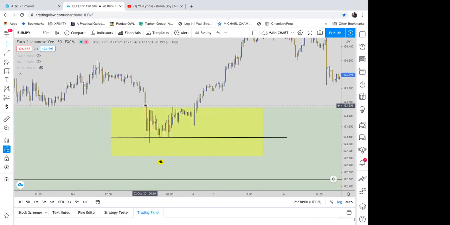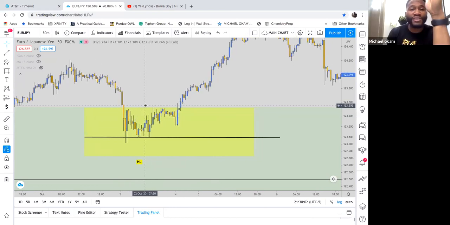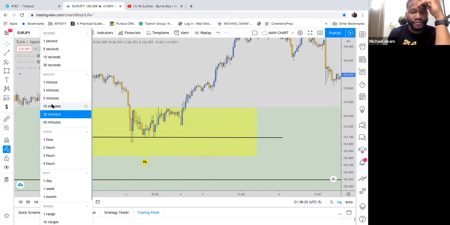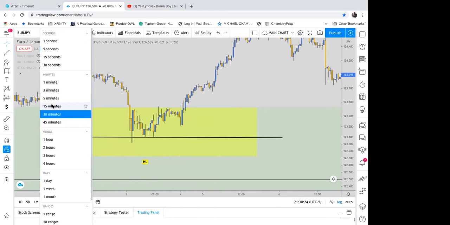Consolidation, right? But anytime I go to the smaller time frame, I'm looking for a break of lower high, right? So I want to see a downtrend in the small time frame. If I can't see it in the 30-minute time frame, I'm going to look for it in a smaller time frame, preferably 15, right? Boom.